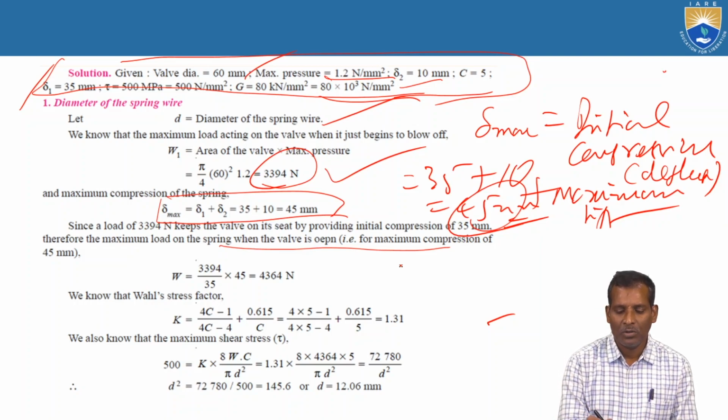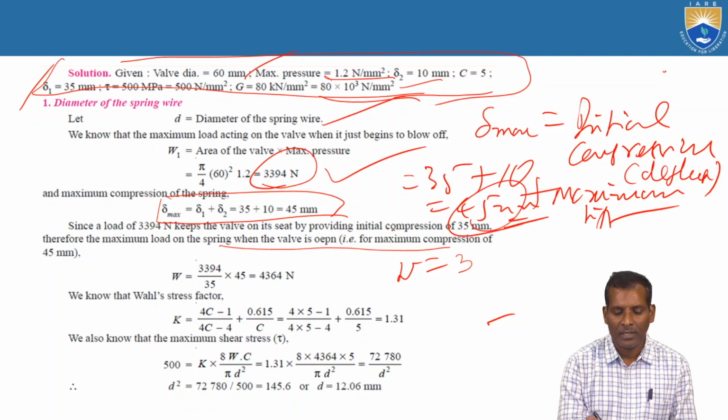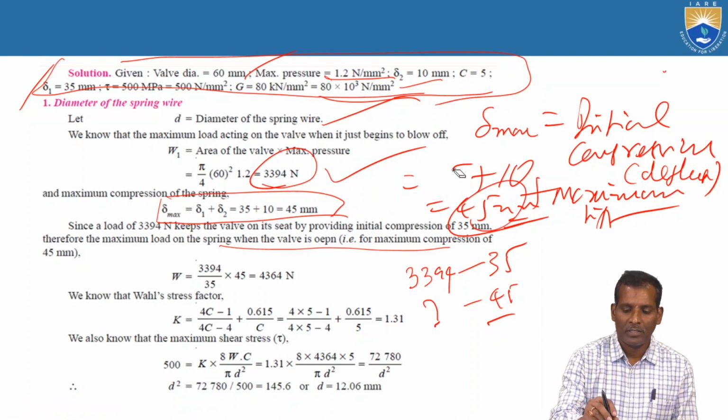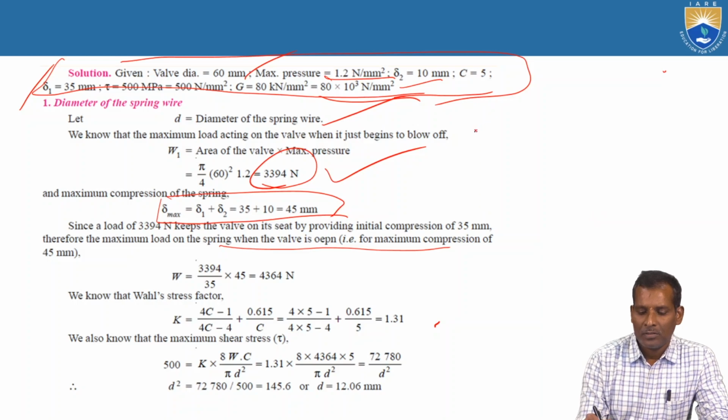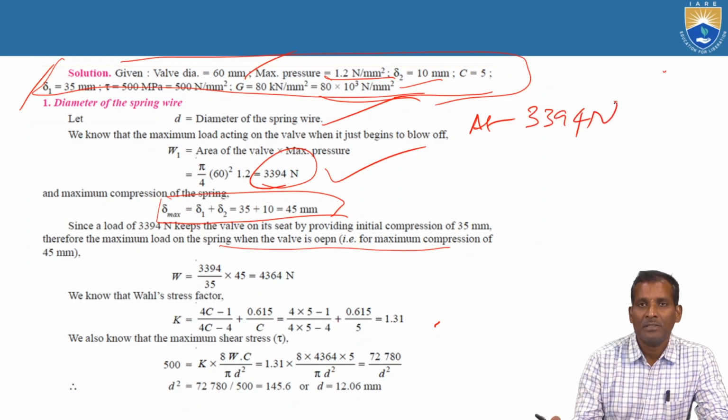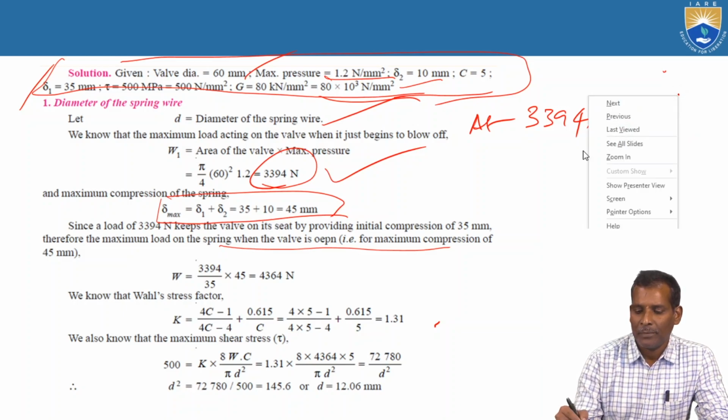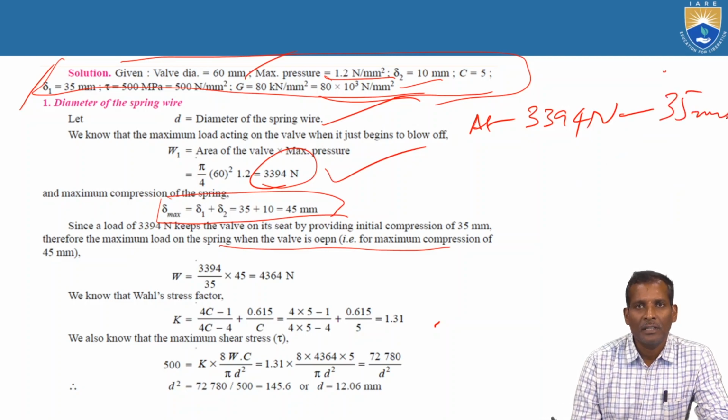We will explain this clearly now. This load is 3394 newtons at a compression of 35 mm, the initial compression.